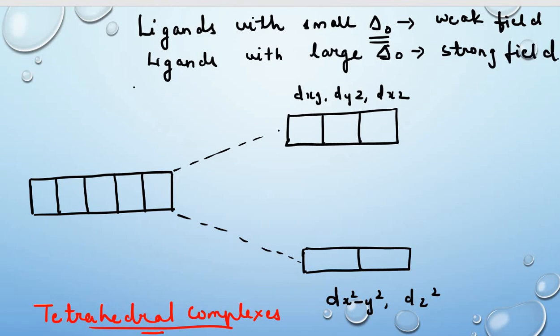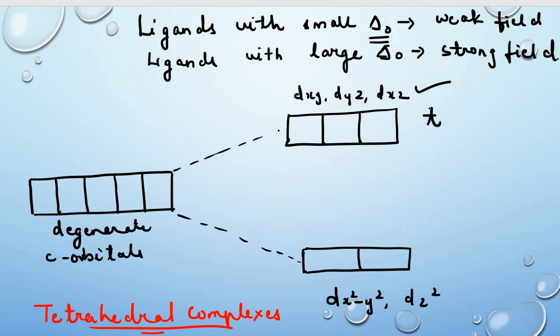Now, similarly, in the case of a tetrahedral complex, you can see that the splitting is reversed. What is that? This is for a tetrahedral complex. This is the degenerate d orbitals for a metal atom or ion. Now in this case, you can see that the higher energy is what?